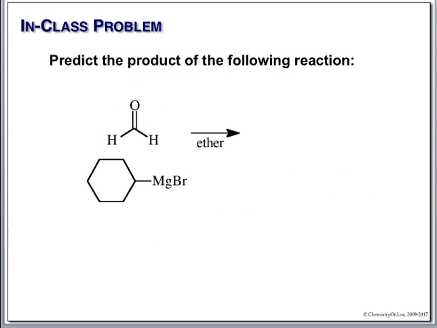Here I have formaldehyde, and I have cyclohexane magnesium bromide. Go ahead and jot down the structure of what we're going to make. Remember, this is going to behave as a cyclohexane anion. This negative carbon is simply going to add to the carbonyl carbon.